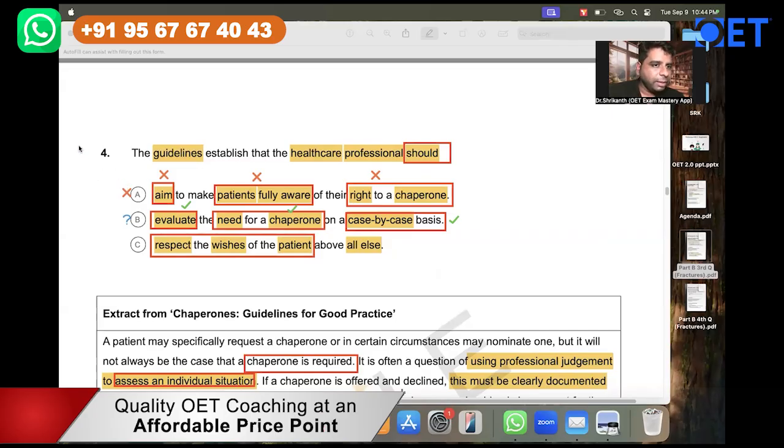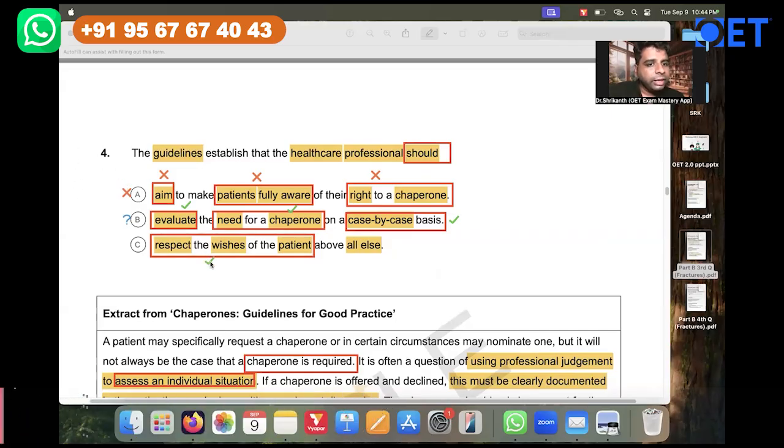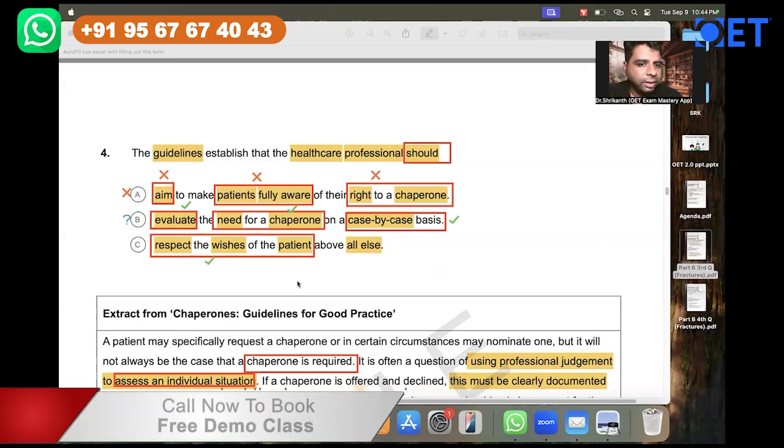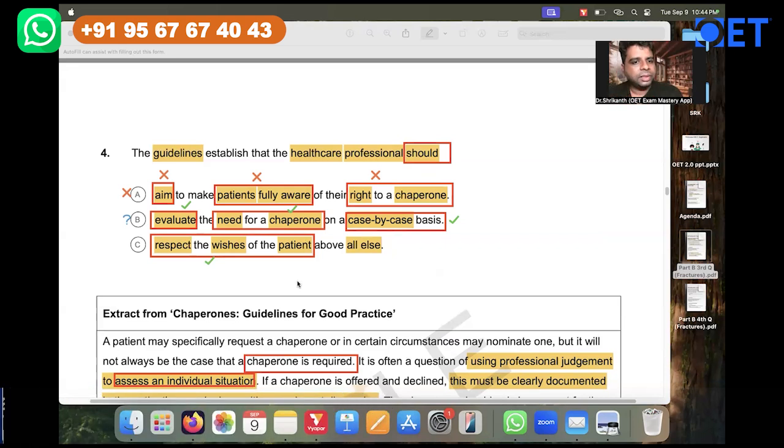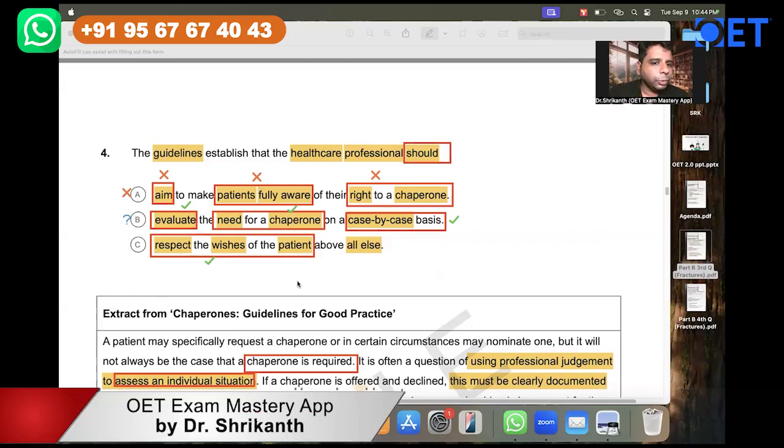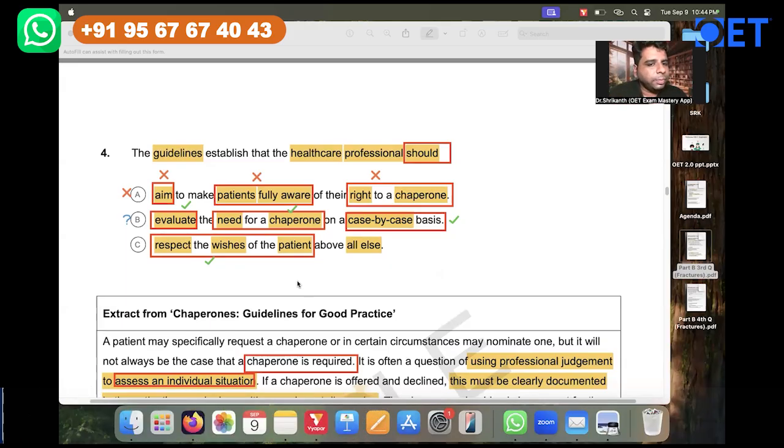This is definitely mentioned, because in the last portion they are telling that if the patient wishes the chaperone to remain, if the patient is telling, no, there is no need for him to leave, let him remain, then we can respect the wish of the patient. Only in that situation should the healthcare professional respect the wish of the patient.